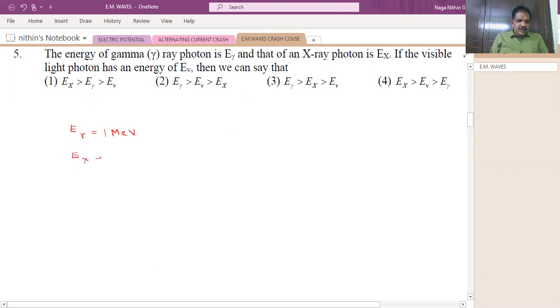The energy of the X-rays will be 100 electron volt to 100 keV. The energy of the visible light, depending on their wavelengths, will be 1.6 electron volt to 3.4 electron volt. From this data, easily you can say E gamma is greater than Ex, which is greater than EV.